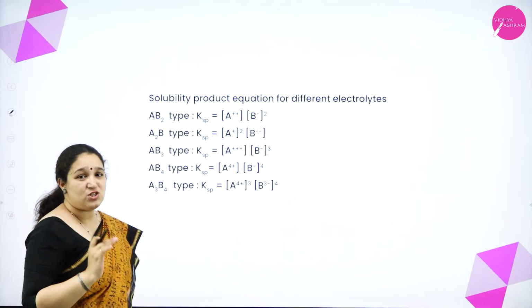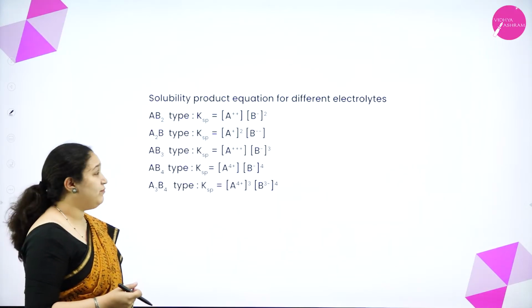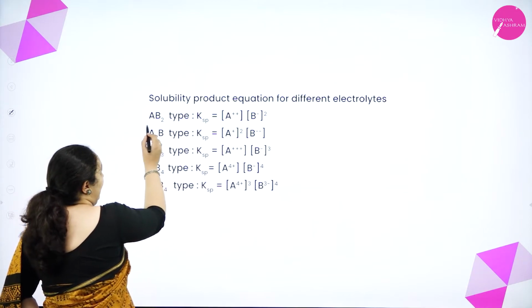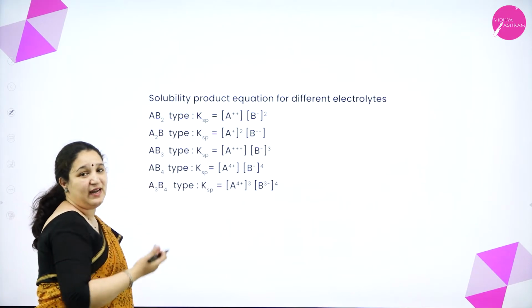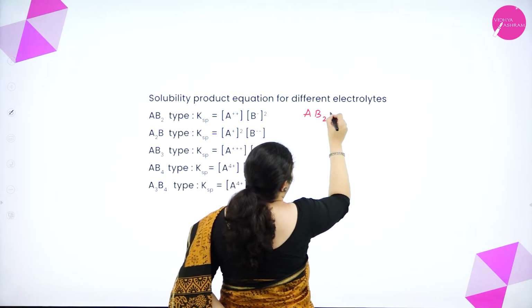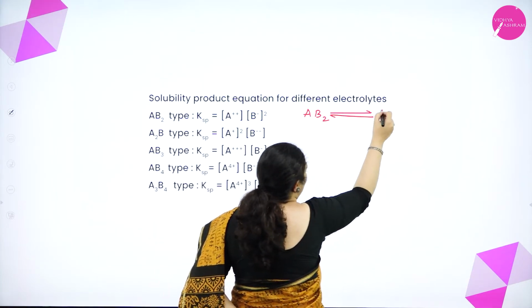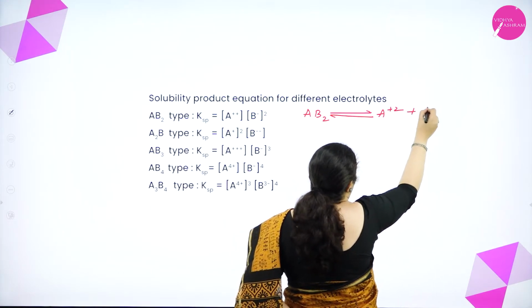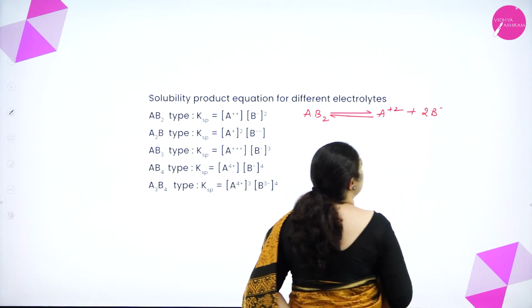Next, we learn the solubility product of different types of electrolytes. We have the salt AB2, or the electrolyte type AB2. When AB2 dissociates, I get A plus 2 ion and 2 B minus ions.